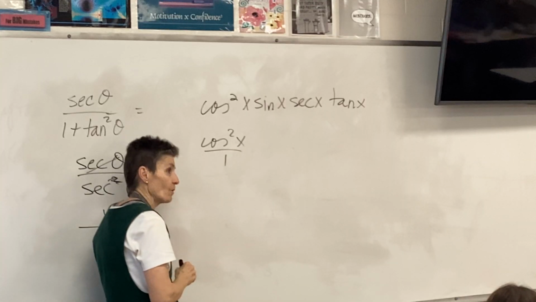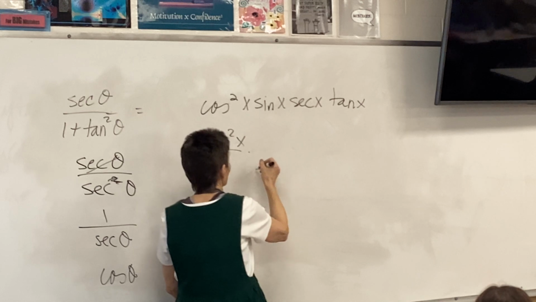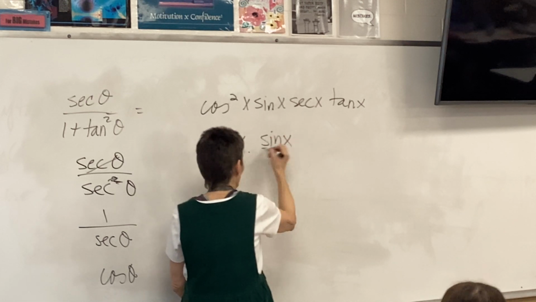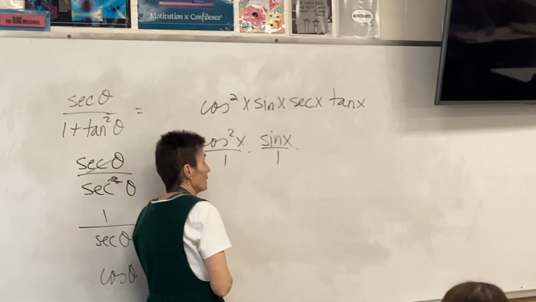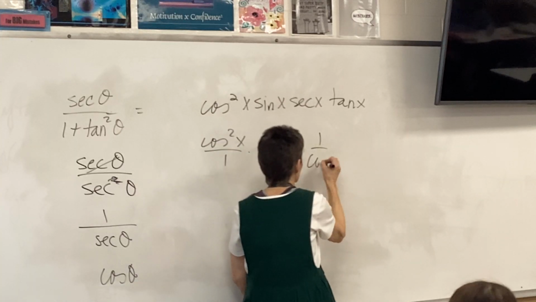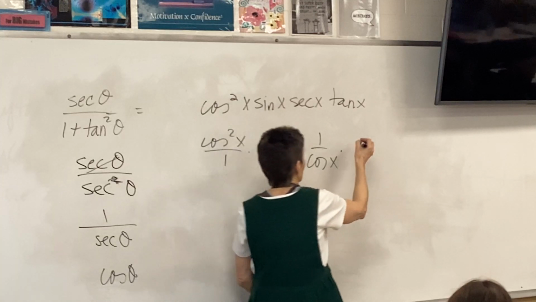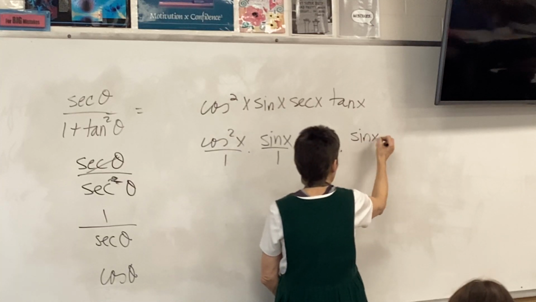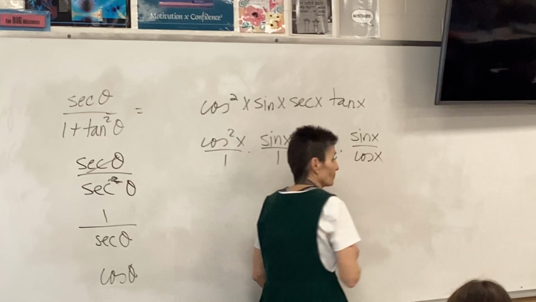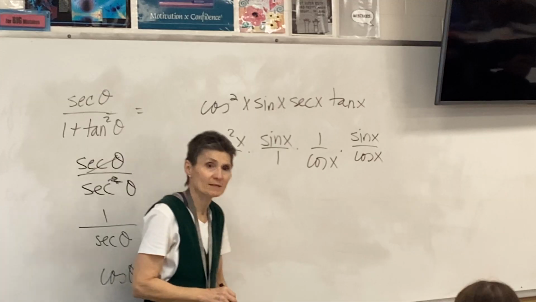Put it over 1. What about sine? Over 1. Now, secant, 1 over cosine. Tangent, sine over cosine. That's on your paper, right?